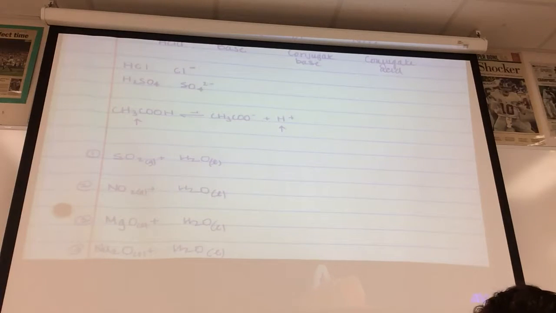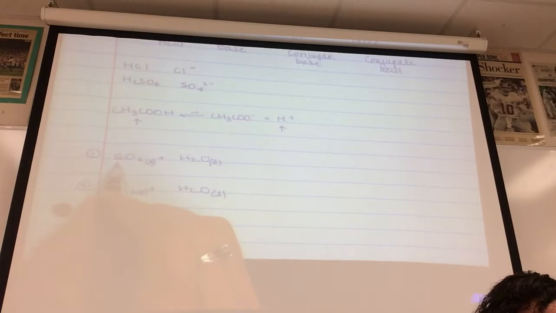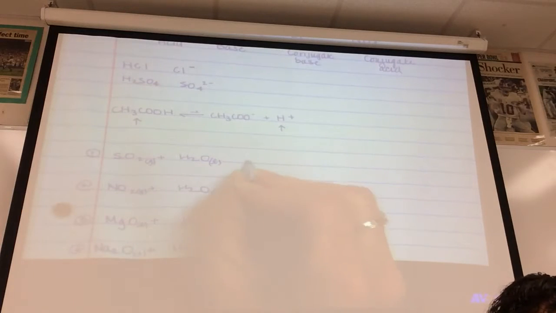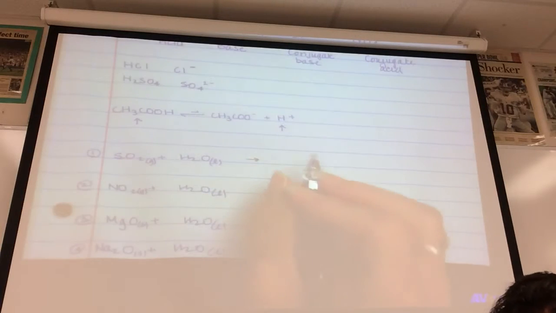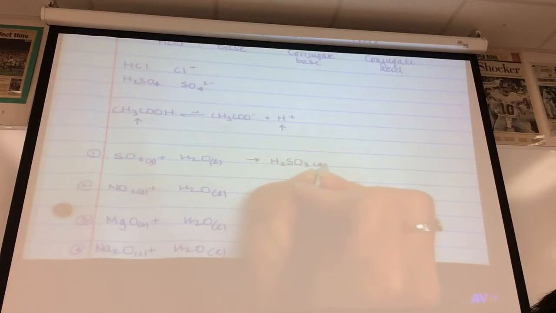What does the second one say? Gas or solid? Gas. Nitrogen dioxide is a gas. Okay. A non-metal oxide plus water is going to make an acid. It's sulfurous acid, a weak acid. We leave it as a unit.